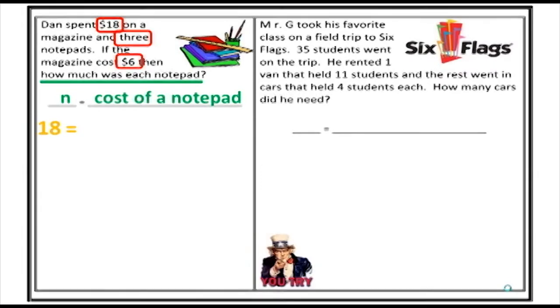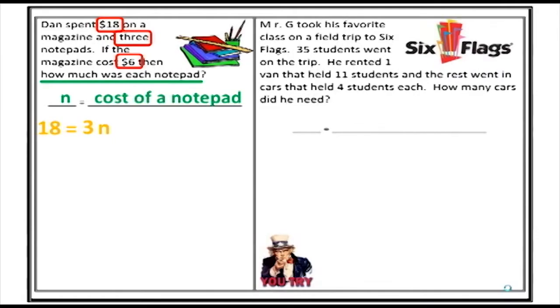I have 3 sets of notepads. Well, the notepad costs N dollars. So if I have 3 sets of an unknown amount, I have 3 times N. I pay $6 for the magazine. I pay it 1 time. Many times, if you see an operation happen once, it's addition or subtraction.